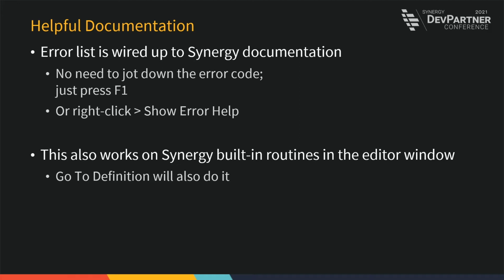Once again, since I feel like F1 isn't all that discoverable, we also wired up this particular piece of functionality to go-to definition. So attempting a go-to def on one of the language built-ins will also take you to the appropriate web documentation, since you cannot see the source definition. If you have ideas about how we could improve this sort of integrated help, we would love to hear about it on the ideas site.